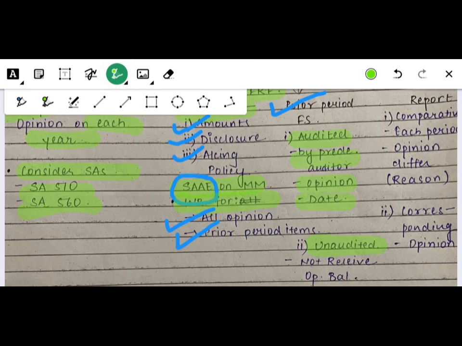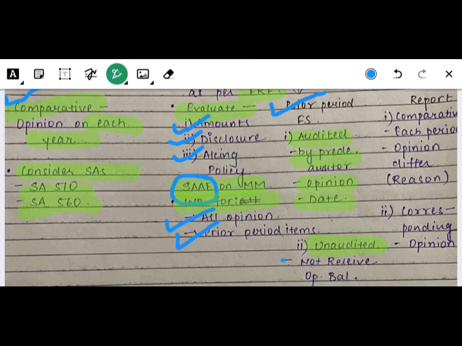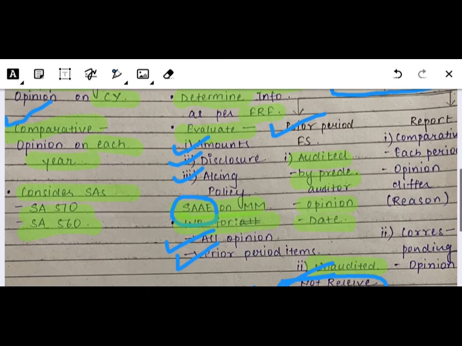But the most important thing is that even if they are unaudited, it does not relieve your liability of checking material misstatements in the opening balances. Then next is about the reporting in comparative financial statements and corresponding financial statements.